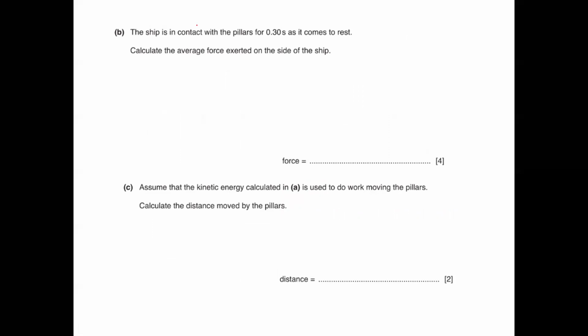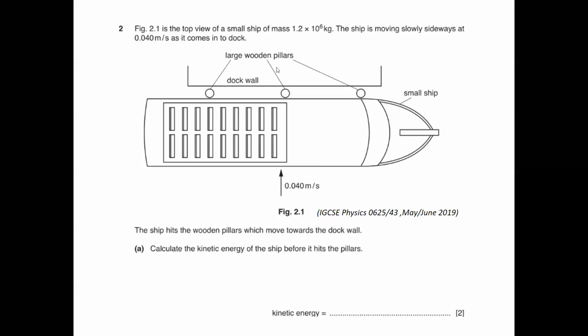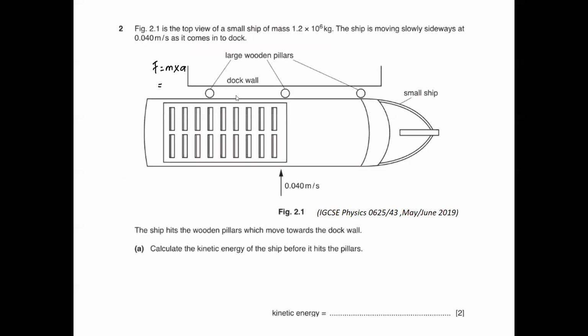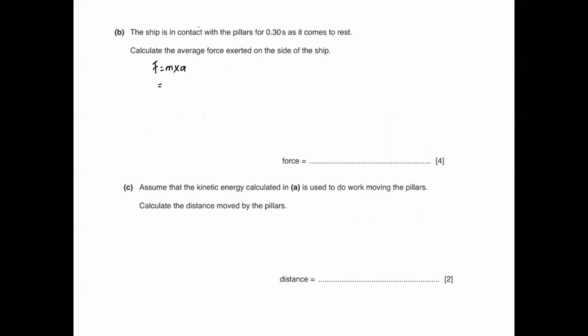From this question, we already know the mass, we already know the speed, and you want to find the force. So force is mass times acceleration. So mass, we already know it. Just now is 1.2 times 10 to the power 6.